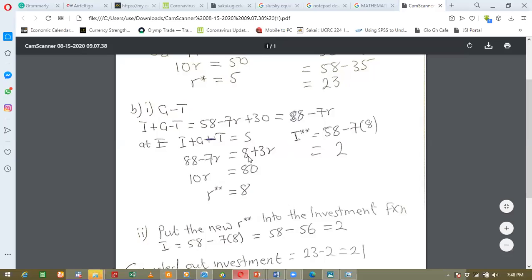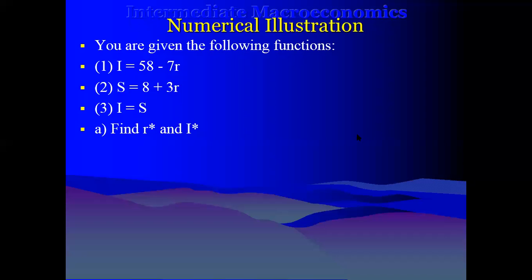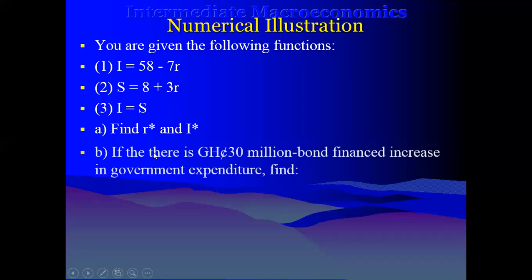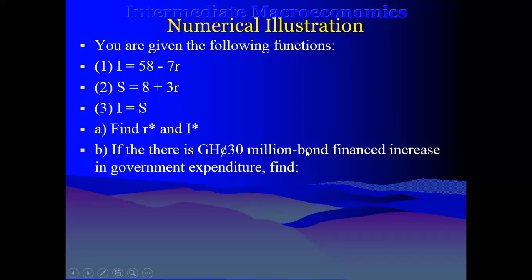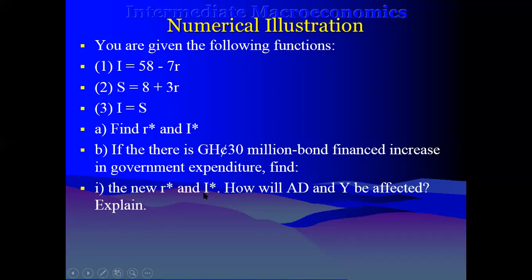Hello, sir. Yes. Please, honestly, the B part, I'm really confused. Okay, let's look at the question. If there's a 30 million bond financed increase in government expenditure, find the new R and then the I star.